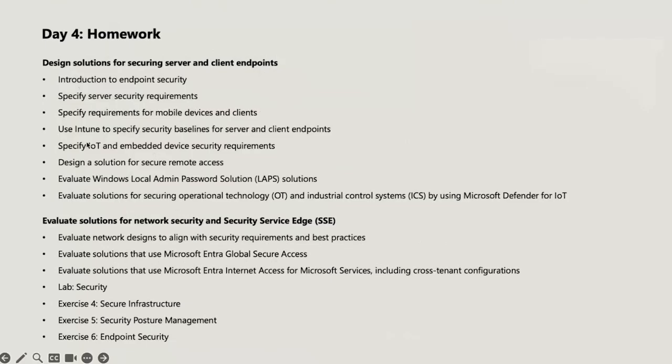Here you will be completing topics related to an introduction to endpoint security, specifying server security requirements, and topics around mobile devices and client requirements, what comes in Intune to specify the security baseline, securing remote access, and the local admin password solution, LAPS, what it is and what kind of benefits we get.